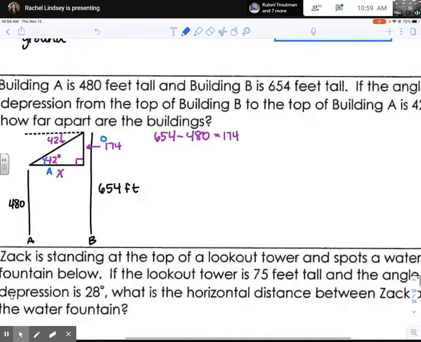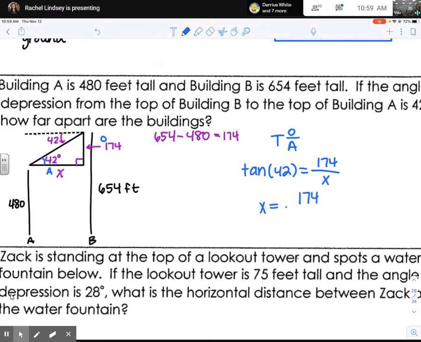So again, I'm using tangent. You do use tangent quite a lot with these kind of problems. So tangent of 42 equals opposite, which is 174, over adjacent, which is x. So x is on bottom, gotta switch them. x equals 174 over tangent of 42.